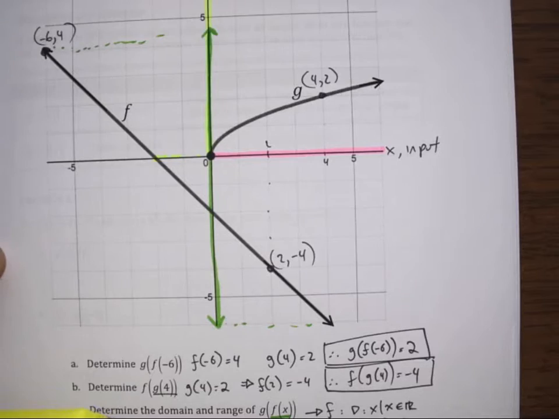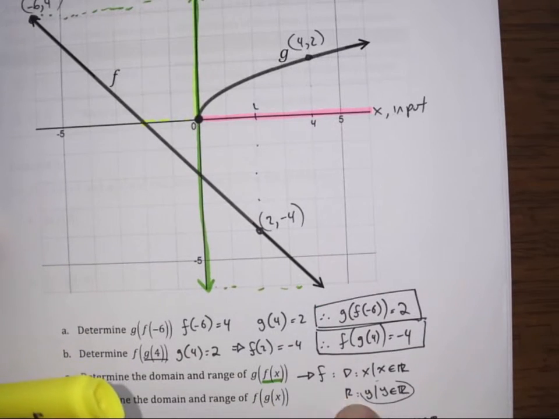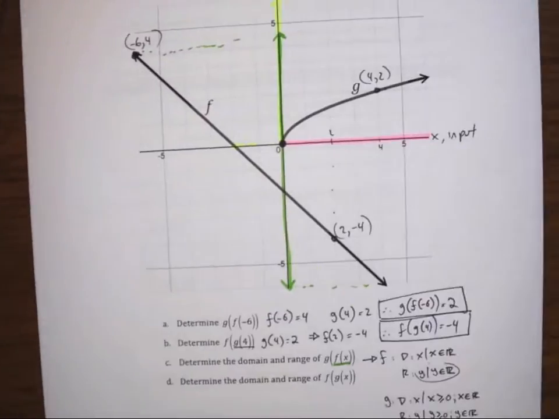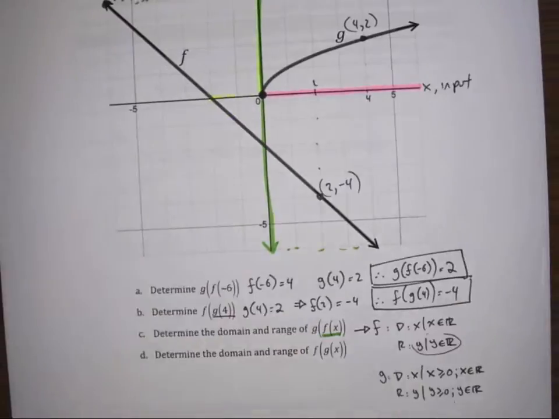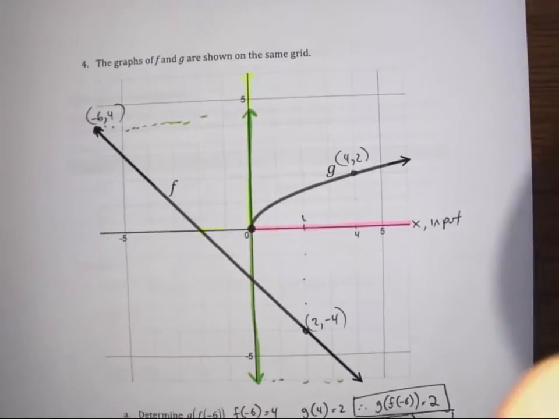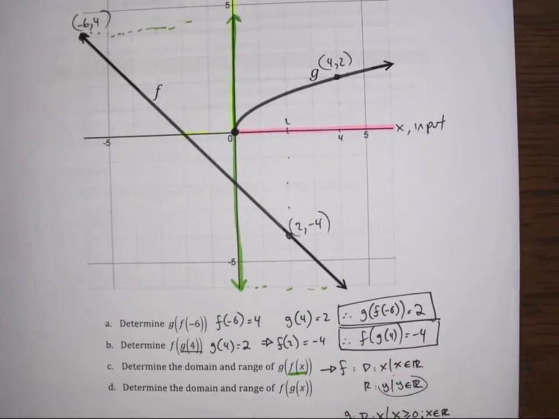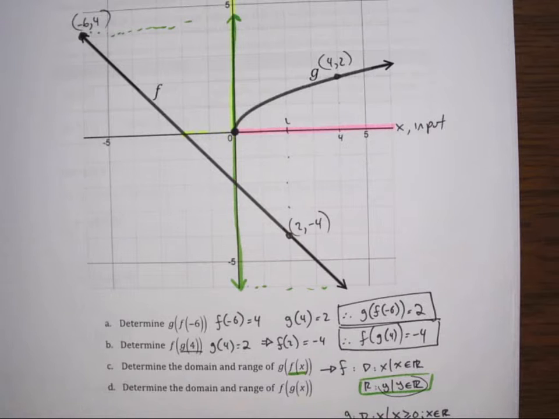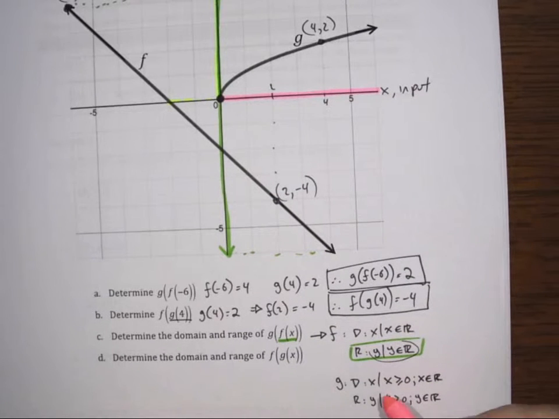Maybe I could use some colors here to connect some of these ideas with the diagram. I'm going to zoom out even more. This green that I indicated here was the range of my f function, so I'm going to highlight that green. My pink here indicates the domain of my g function, which I'm going to highlight here.